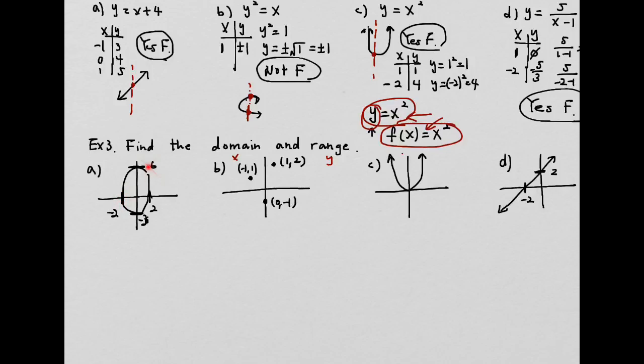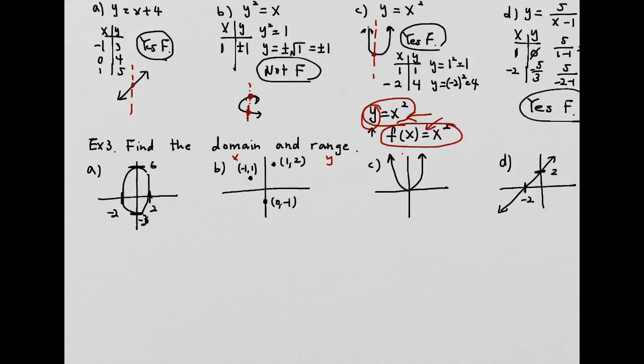So the line is inside of those 4 points. Your domain is x values. Because your graph does not exist past positive 2 or negative 2, it's in between. All these dots, all this line is in between negative 2 and 2.